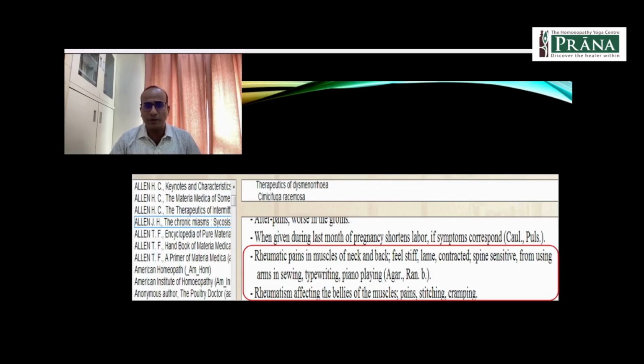That is what happens in rheumatoid arthritis: your joints and extremities become stiff, you are not able to move, there is a lot of pain. Rheumatism affecting the bellies of the muscles, with stitching and cramping kind of pain. So the individualizing symptom in this patient is that the muscle bellies are affected. Though he is a known case of rheumatoid arthritis, the pain is maximum there. So we considered that location and could find the exact symptom.